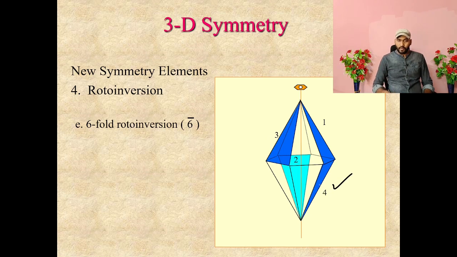Then again if we rotate 4, it will come here. This is the position of F5 dash. Then we have to invert it, so this is the fifth.